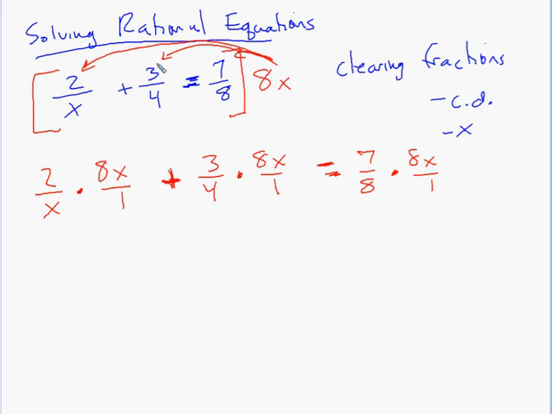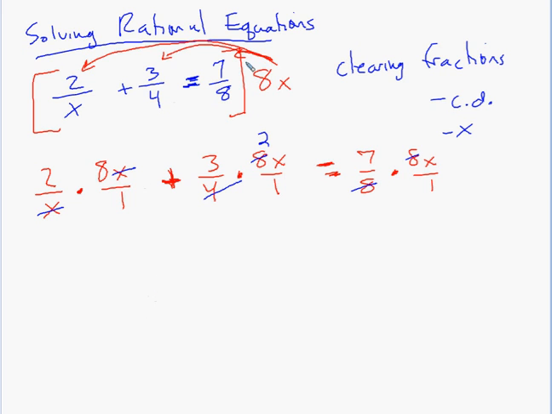See, I distributed that to everything. Now I take a look at what cancels. In the first term, what cancels? The x's. And in the second thing, what cancels? The 4 and the 8, and the 8 becomes a 2. And in the last fraction, the 8's cancel. Those become 1s.